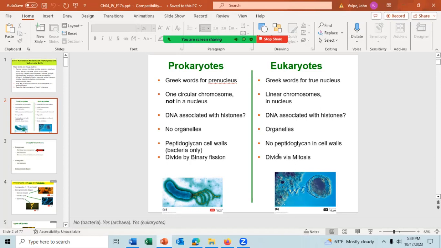And of course, animal cells do not have a cell wall, so they don't have peptidoglycan either. Prokaryotes divide mostly by binary fission. That's where one cell grows and then splits down the middle in two. Eukaryote cells divide by mitosis. Any question about any of that?